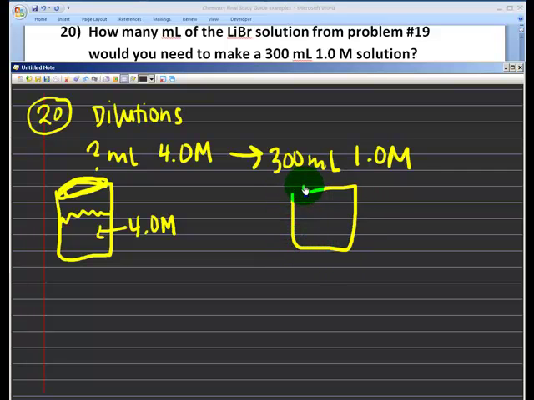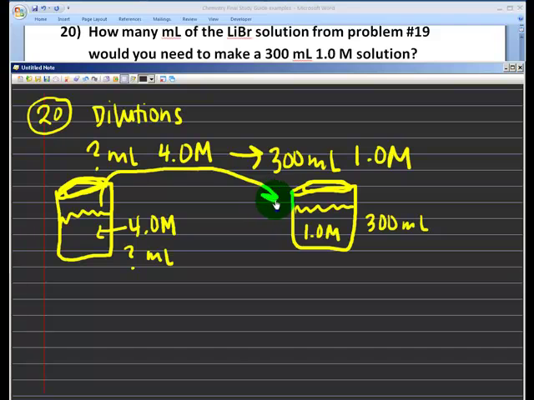So I want to make 300 milliliters of 1.0 molar. So how would I make this? I want to know how much of this I would need to make 300 milliliters of a 1 molar solution. Now remember, this first 4 molar solution, think of it as your stock solution. So I want to know how many milliliters of this I need to take out to put into here.